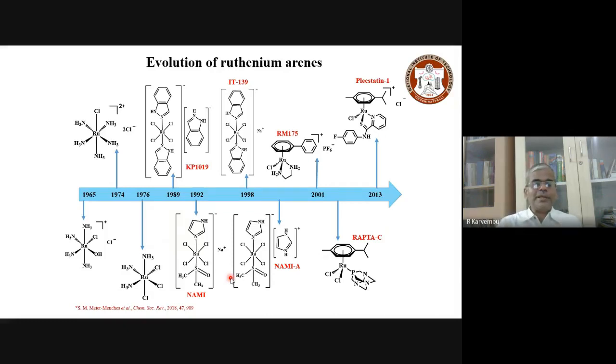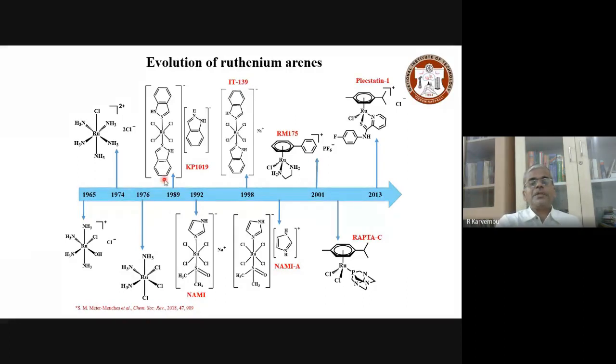So in this line, the research on ruthenium complexes for use as anti-cancer drugs started in 1965. Ruthenium amine complexes have been tried as anti-cancer drugs, and some modifications have been done. The neutral ruthenium amine complex has been prepared and used as an anti-cancer agent. But these ruthenium amine complexes were not that effective. For commercialization, you need a very effective system.